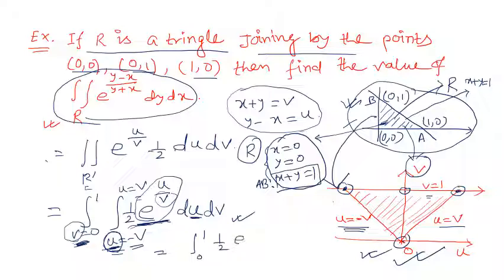Here e to the power 1 by v is the constant portion, and since I am integrating with respect to u, 1 by v gives v, so v e to the power u by v, and the limit is minus v to v. Next with respect to dv.